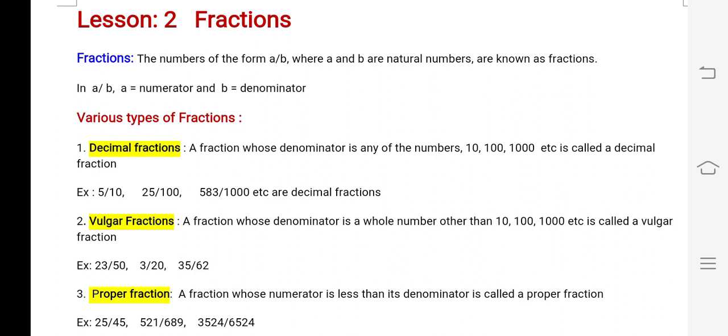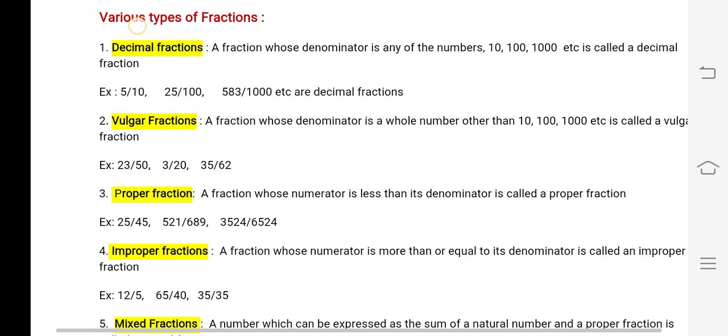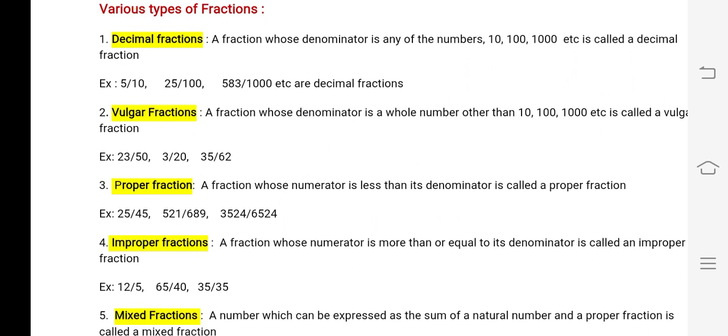Let's move on. The third type is proper fractions. We have already learned what a proper fraction is. A fraction whose numerator is less than its denominator is called a proper fraction.